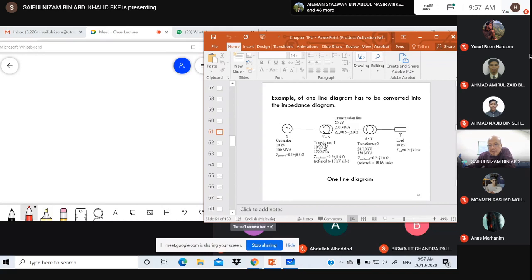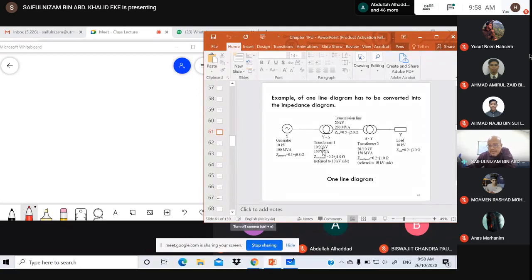Remember, if you want to bring all the quantities at the secondary to the primary, for the impedance you have to multiply by the square of the turns ratio. For example, Z2 prime, the secondary quantities referred to the primary, you multiply the secondary impedance by the square of the turns ratio. This is the impedance referred to the primary.